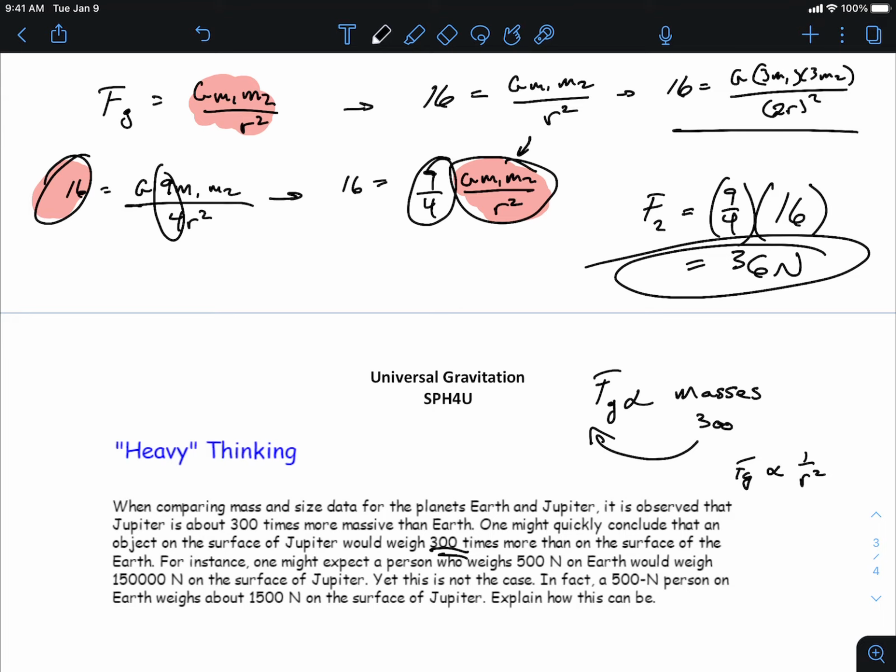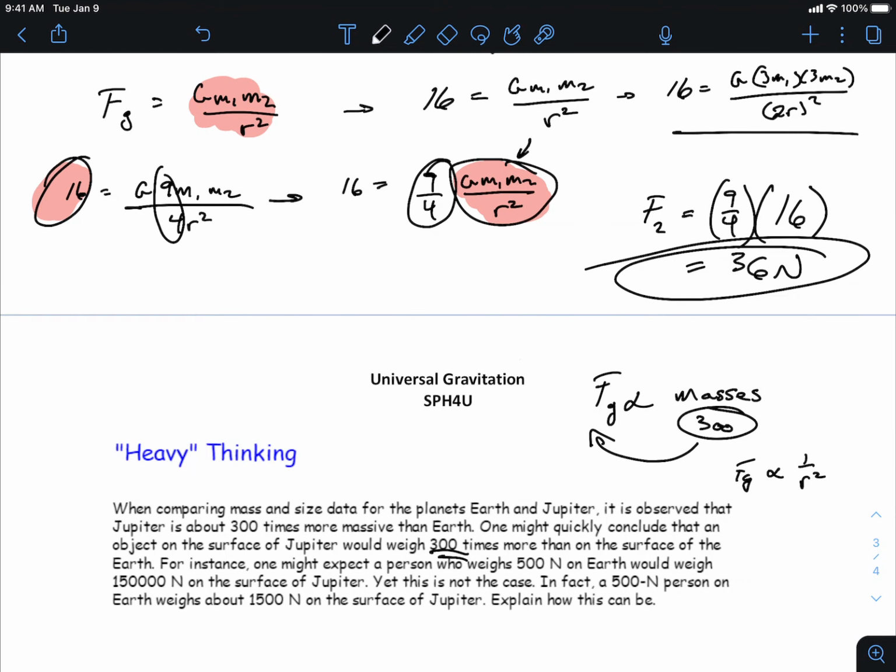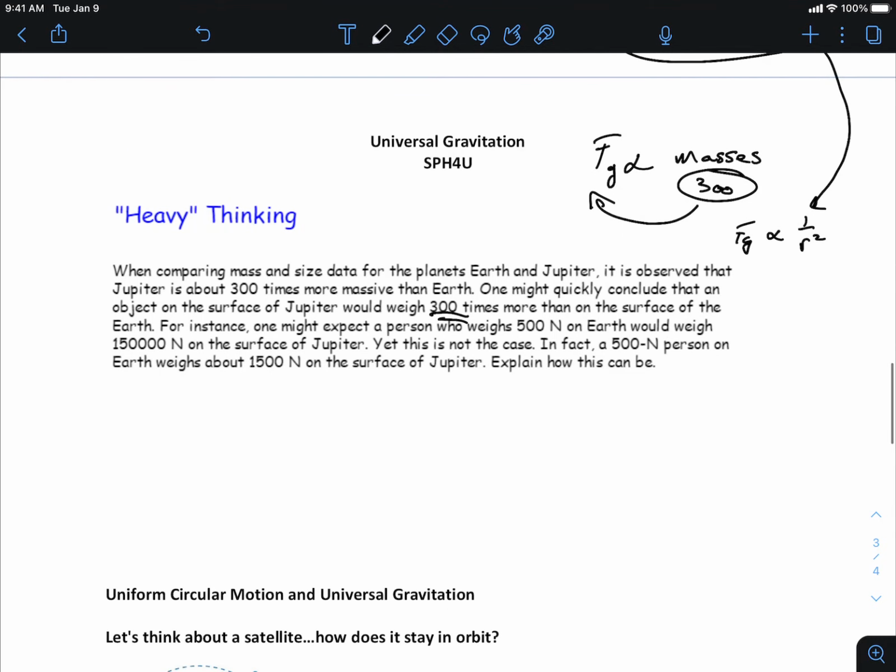Okay, so these two things in combination with one another, as we saw up here in this question, go hand in hand, right? So let's draw a little picture out here. We're going to have Earth with some radius, but then we're going to have Jupiter.